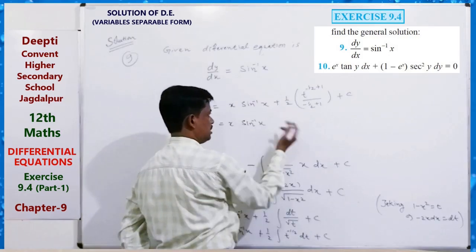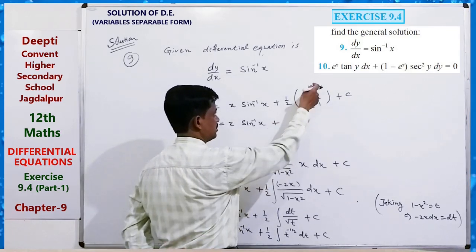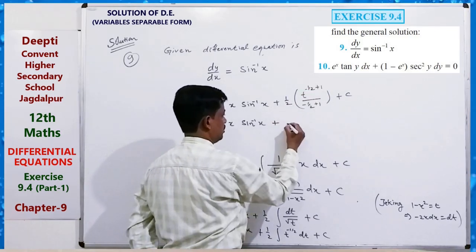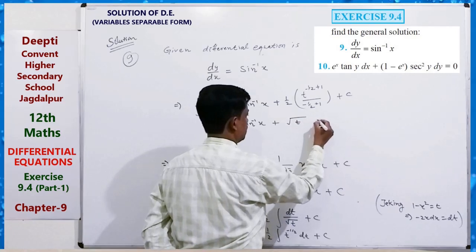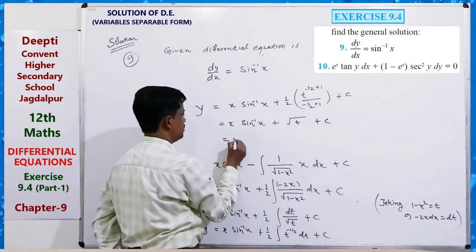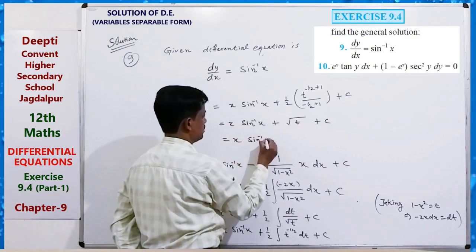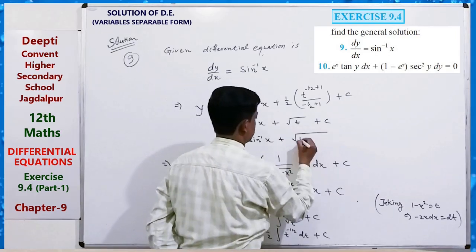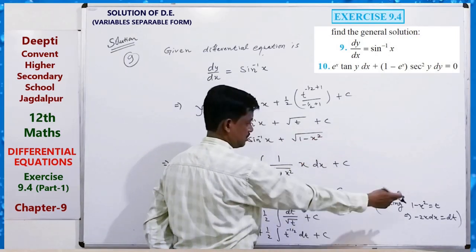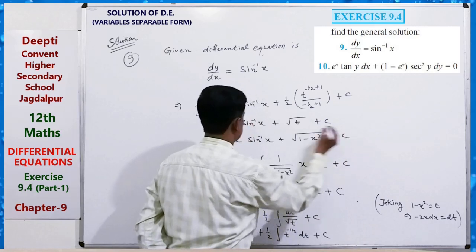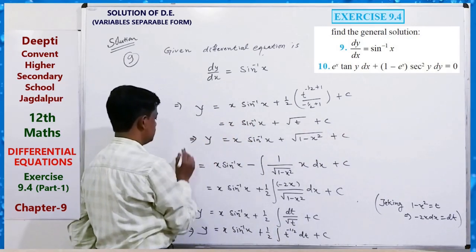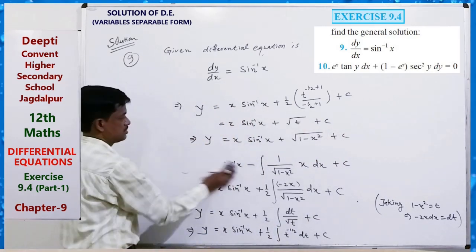So half half cancel, plus half root of t plus c. So y equals x sin inverse x plus root over 1 minus x square plus c. Clear? So this is our solution.